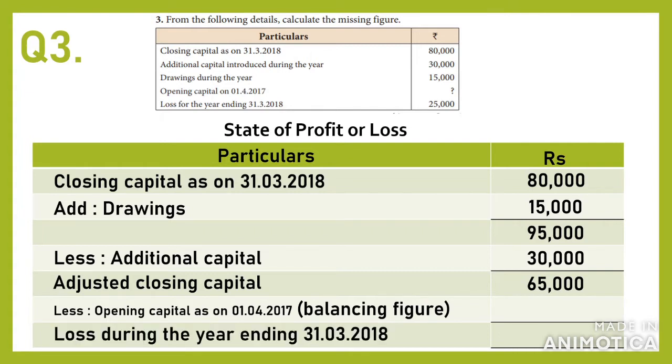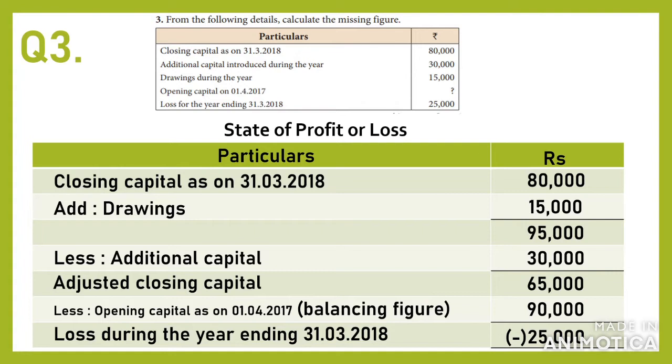Go to the next step. What is a loss during the year? Loss is minus 25,000. Okay, so 65,000 minus something gives us minus 25,000. So which means what will be the balancing figure? The balancing figure has to be 65 plus 25, which is 90,000.